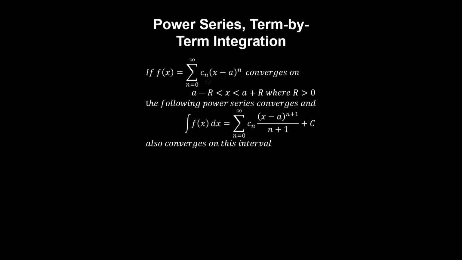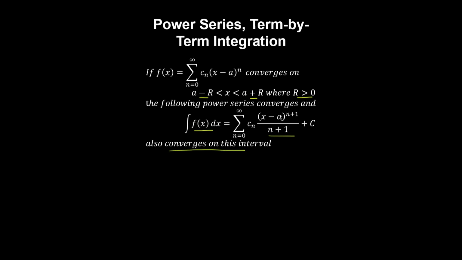If a function is defined by a power series centered on x equals a, which converges on the open interval from a minus r to a plus r, where the radius of convergence is greater than 0, then the following power series converges, and the integral of the function also converges on this interval.